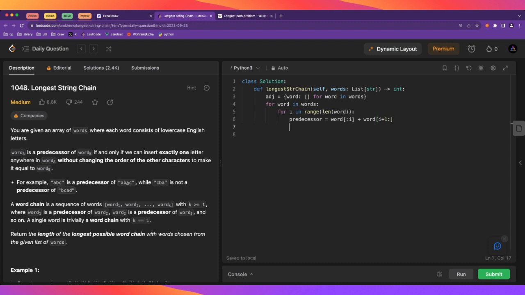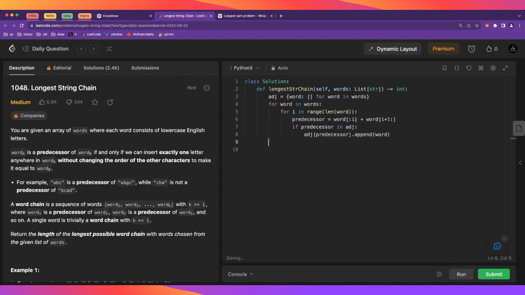So that is a potential predecessor, but for it to be an effective predecessor, it has to be in the adjacency list. Since we created a dictionary, it's quick to check. It's a constant time to check whether it is a node in the graph. And in that case, we're going to add the predecessor goes to the word, right?